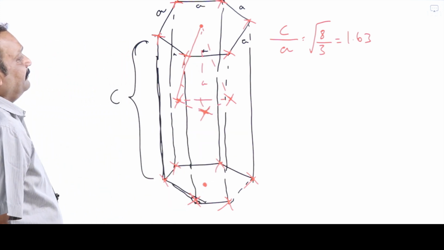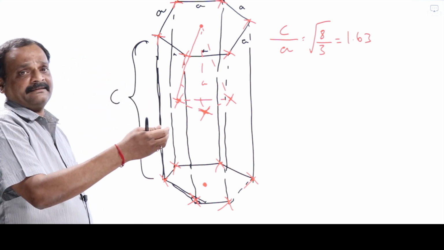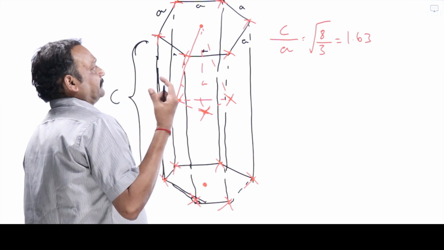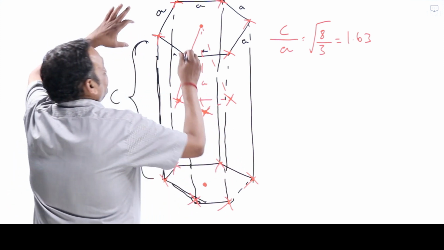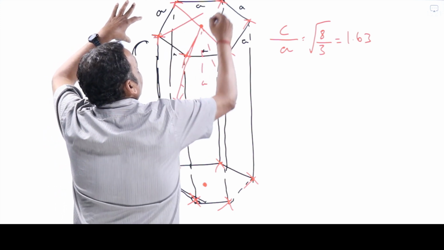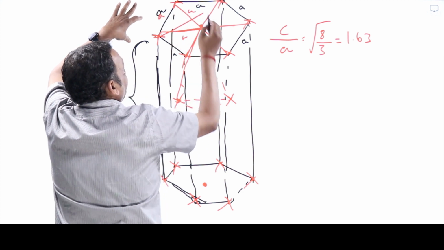Now we want to evaluate the parameters like coordination number, nearest neighbor distance, etc. Before going into coordination number, let us see. This is a regular hexagon, isn't it? So for the face centric, all sides are A only.